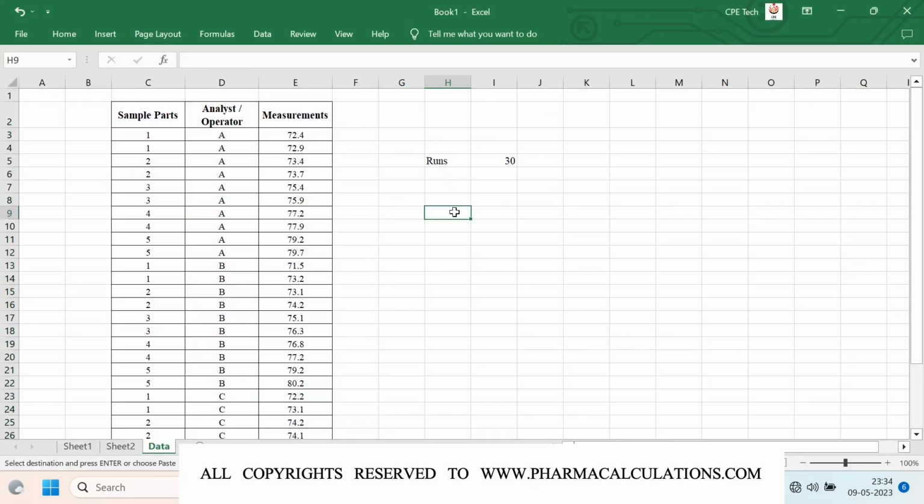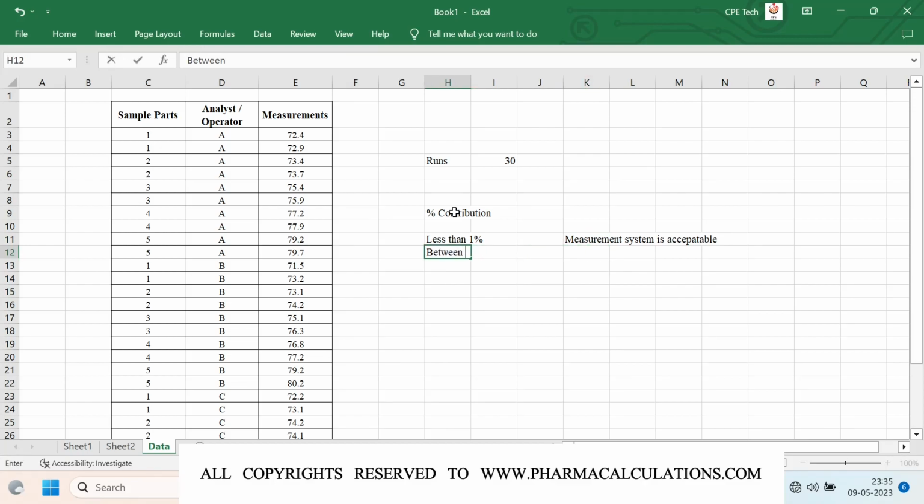like for percentage contribution, if it is less than 1%, the measurement system is acceptable.